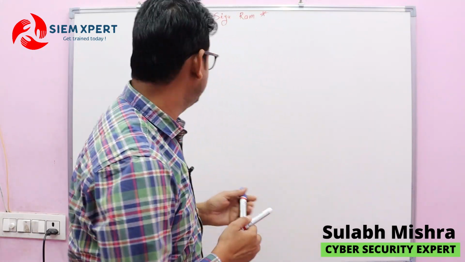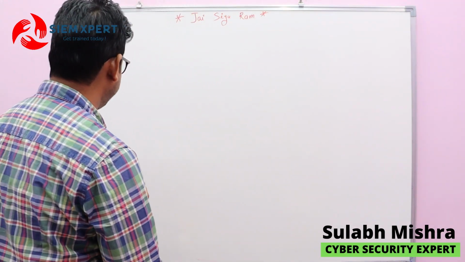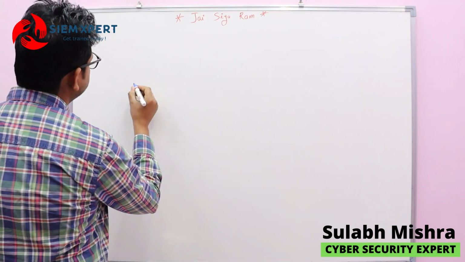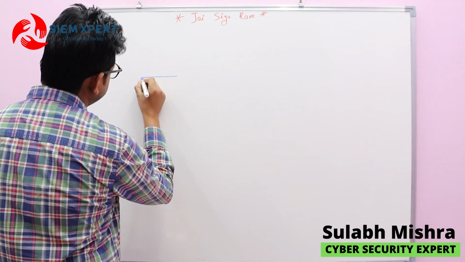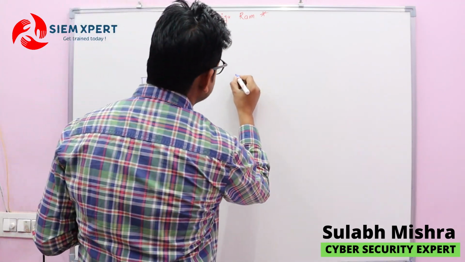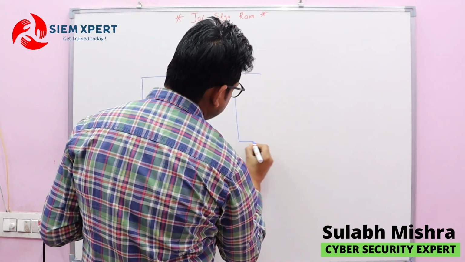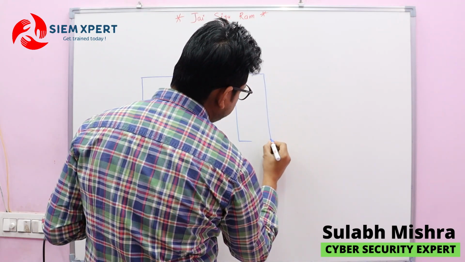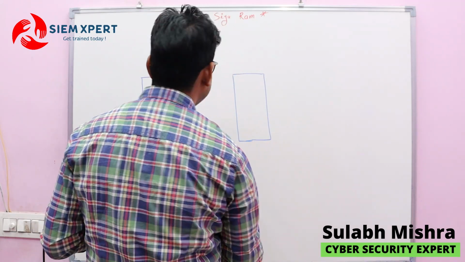So forwarder, let me draw the basic architecture here. What are the various components we have in Splunk? So there are three basic main components that Splunk has.